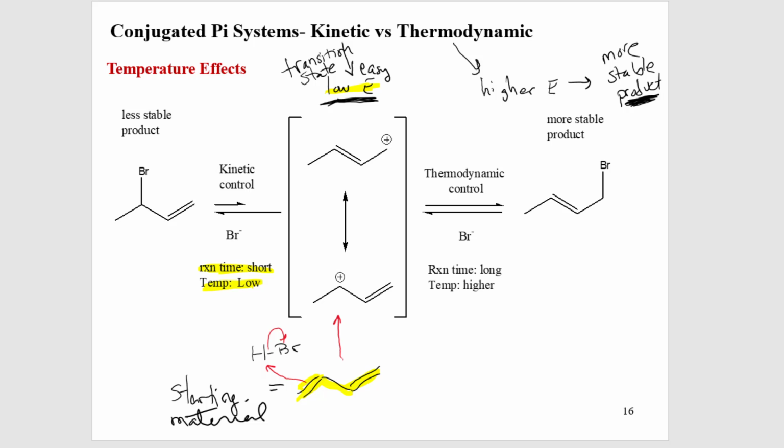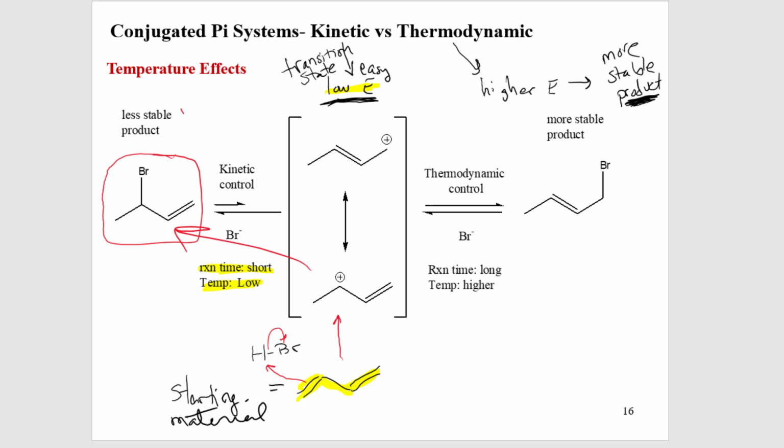So kinetic control means I use low temperatures, I run the reaction very quickly, and I get what I get. That's going to lead me to the HBr reacting with one of the pi bonds. You form the secondary carbocation, and very quickly, boom, kinetic control, you're going to put the Br. Everything's very fast.